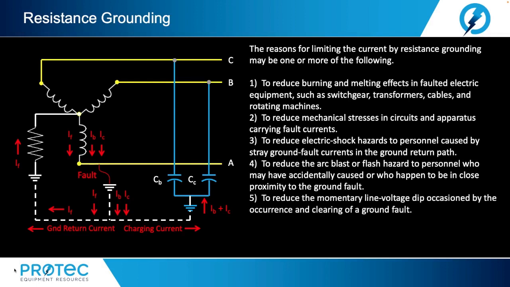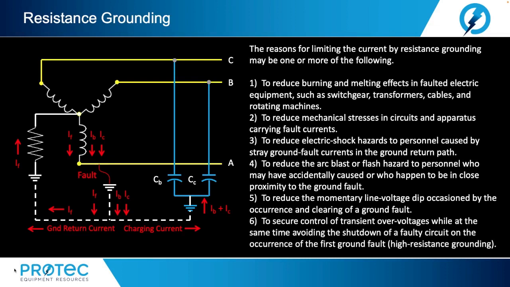To reduce the momentary line voltage dip occasioned by the occurrence and clearing of a ground fault. And 6. To secure control of transient overvoltages while at the same time avoiding the shutdown of a faulty circuit on the occurrence of the first ground fault. This would apply to a high resistance grounding system.